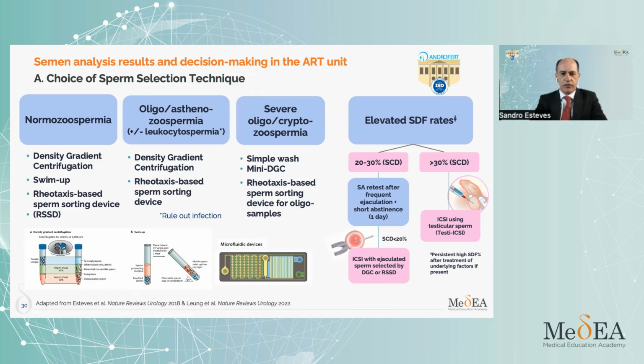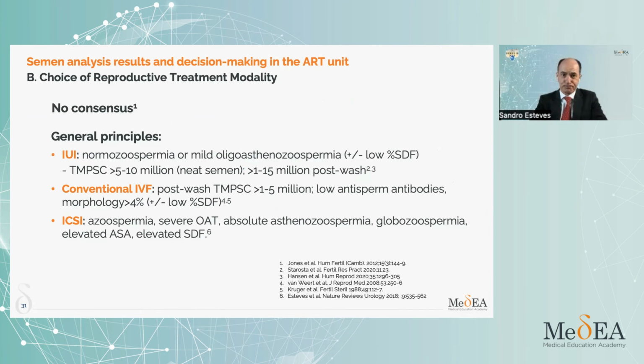Density gradient centrifugation, swim-up, or microfluidics devices are typically used for selecting sperm for ART, mainly based on sperm concentration, total sperm count, and motility in our clinic. Sperm DNA fragmentation test results are also used for decision-making, and in selected cases of elevated sperm DNA fragmentation, our approach is to use testicular sperm for ICSI.